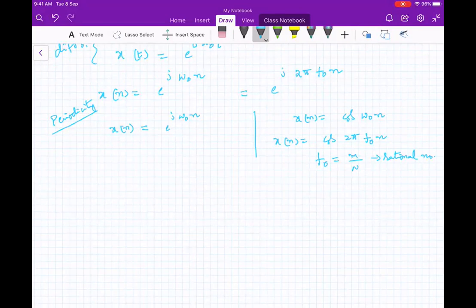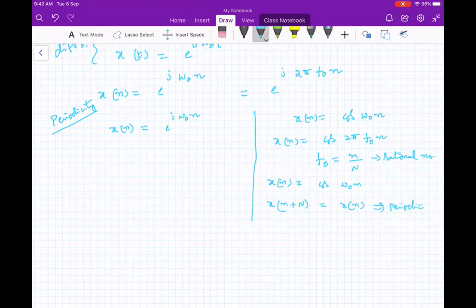cos of omega naught n is equal to cos of omega naught n plus capital N, with periodicity of capital N. So then it will be periodic. I should be able to write, say, cos omega naught n. Any discrete signal is periodic if x of n plus N equals x of n.